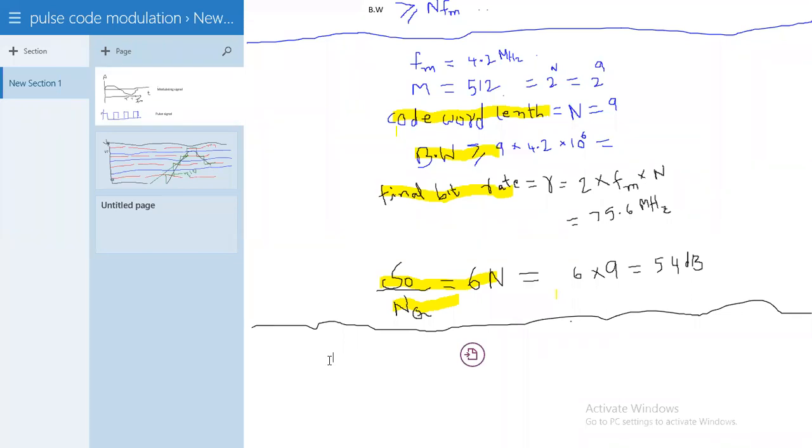And another advantage of this one is that it is more secured. That means an analog signal, authorized persons easily can find out at which frequency that signal is modulated, like that. But here the analog signal is converted into digital form, that is, the signal is encrypted.